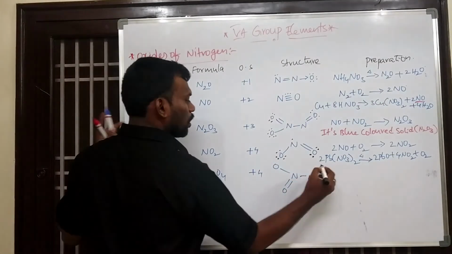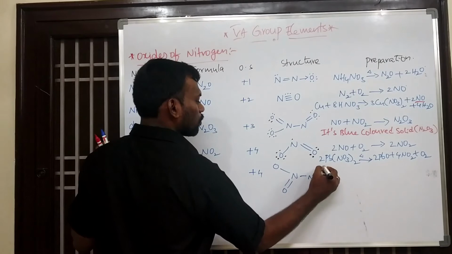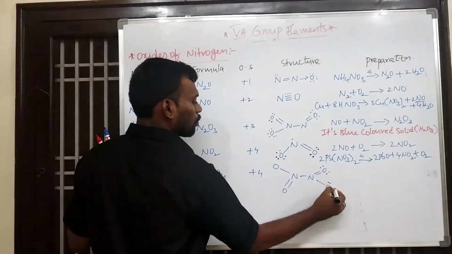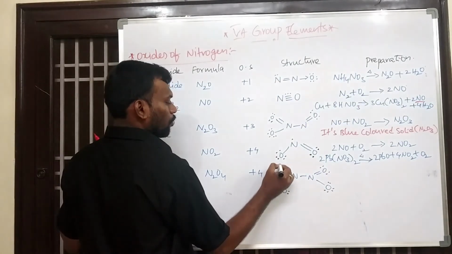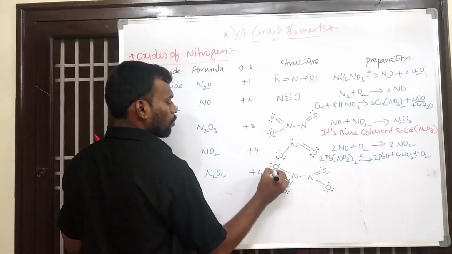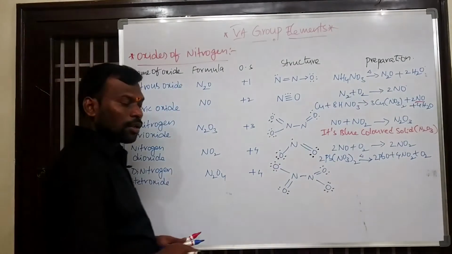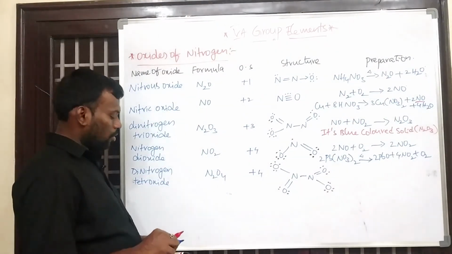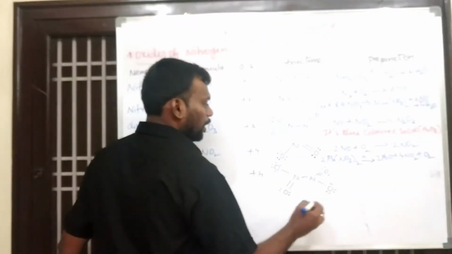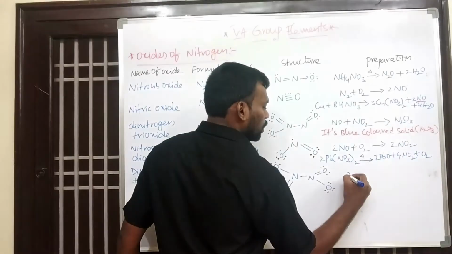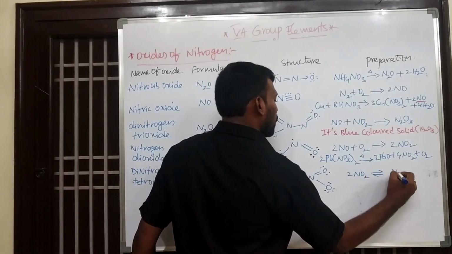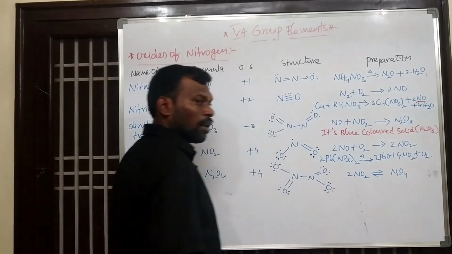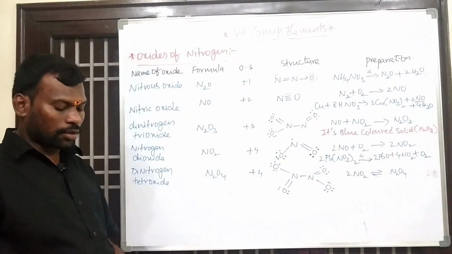When I represent the lone pairs of electrons, this is the structure of dinitrogen tetroxide, and it is prepared from nitrogen dioxide. When 2 moles of nitrogen dioxide undergo dimerization, it forms dinitrogen tetroxide.